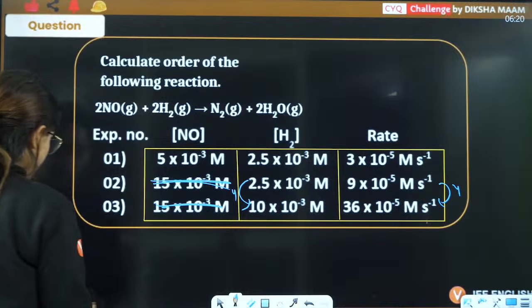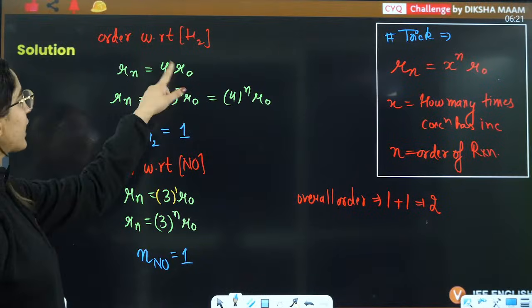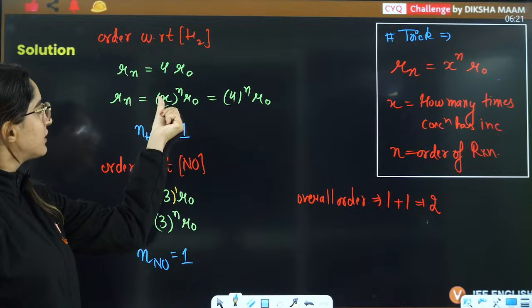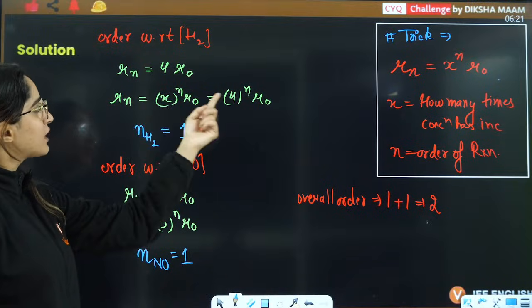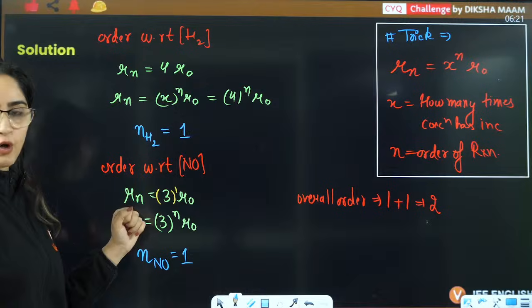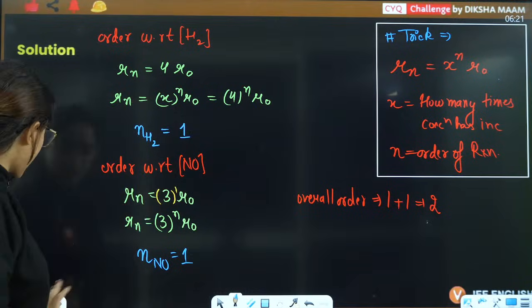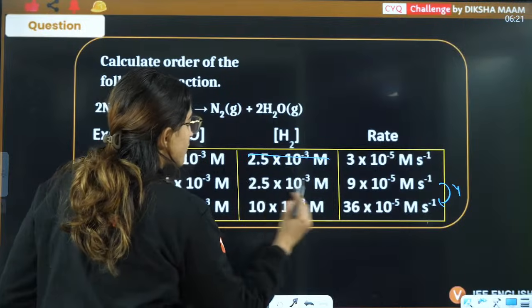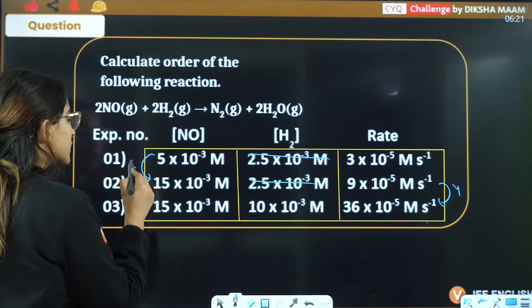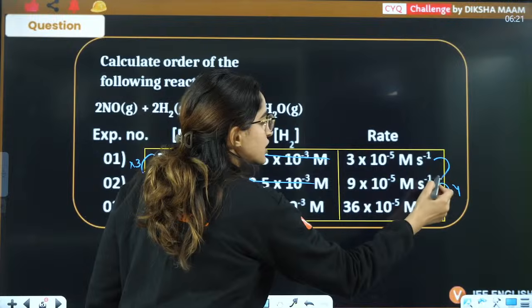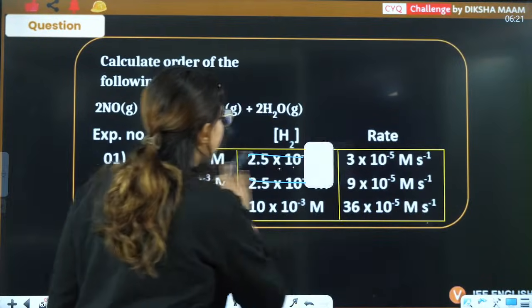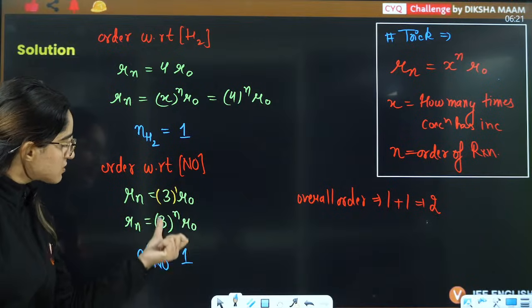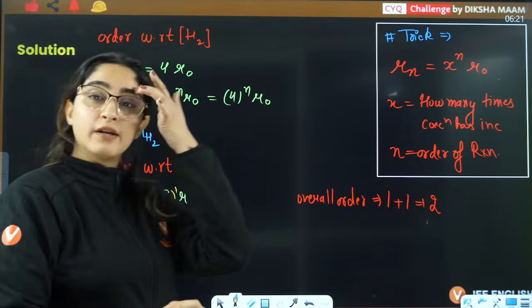So I have written it here that rate is 4 times, and in terms of concentration, it is x raised to power n, that is 4 raised to power n, so n is coming out to be 1. Similarly, with respect to NO, when I make this constant, this is changing 3 times and this is changing 3 times. So even here, 3 raised to power 1 equals 3 raised to power n, so n is going to be 1.